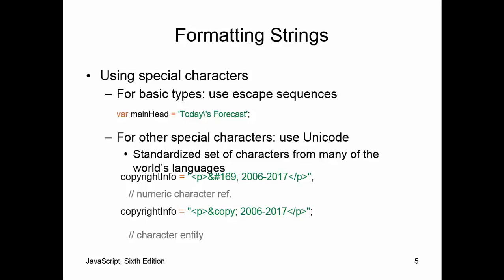We're saying we want this to not be a delimiter for a string. We want this to literally just be an apostrophe. We could have gotten around that if we used a double quote here and a double quote here. But sometimes you want to put double quotes within double quotes, single quotes within single quotes, or whatever.